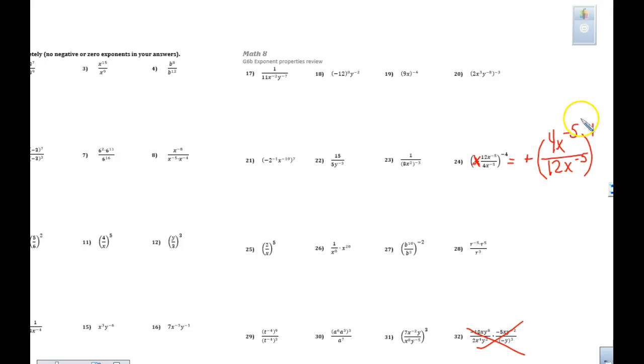So x to the negative 5 over x to the negative 5 is 1. So now you're just simplifying here first. What do you get when you have 4 over 12 simplified? 1/3. So put it as 1/3. Now take them each to the 4th power, right? We don't want to take 4 to the 4th and get a huge number and 12 to the 4th and get this massive number. Simplify this first to get your answer, okay?